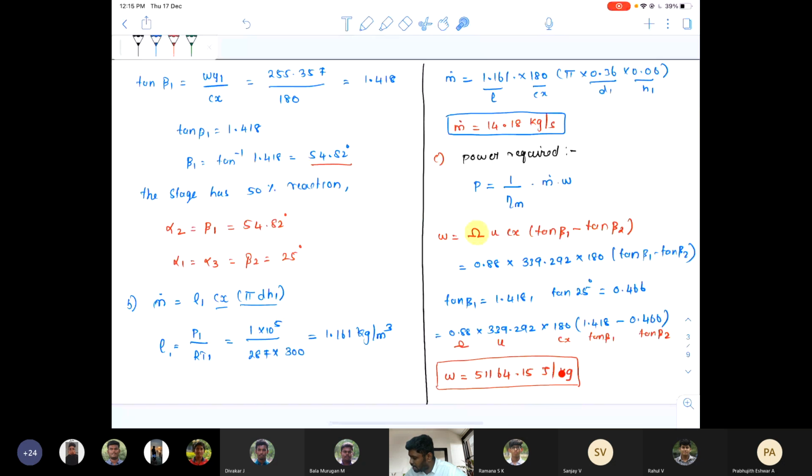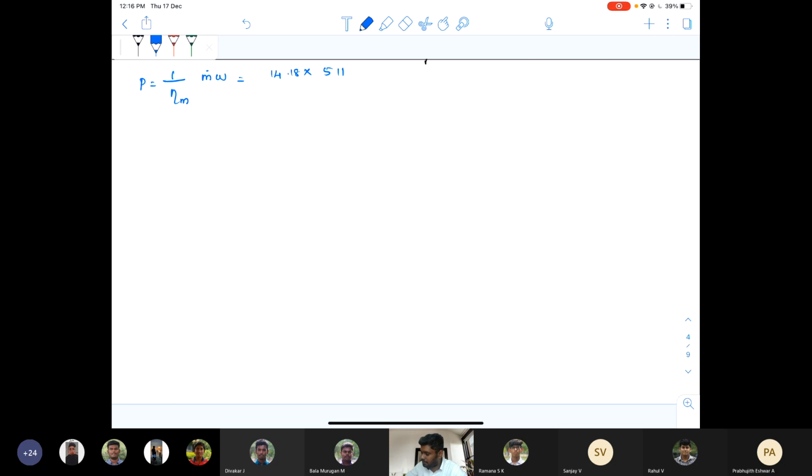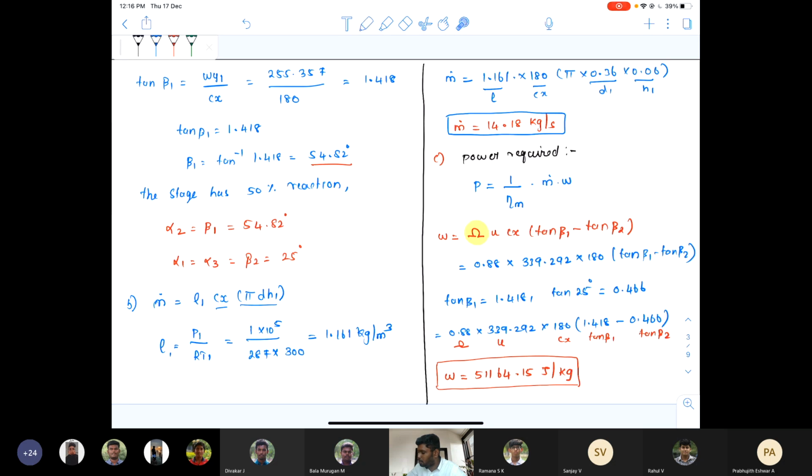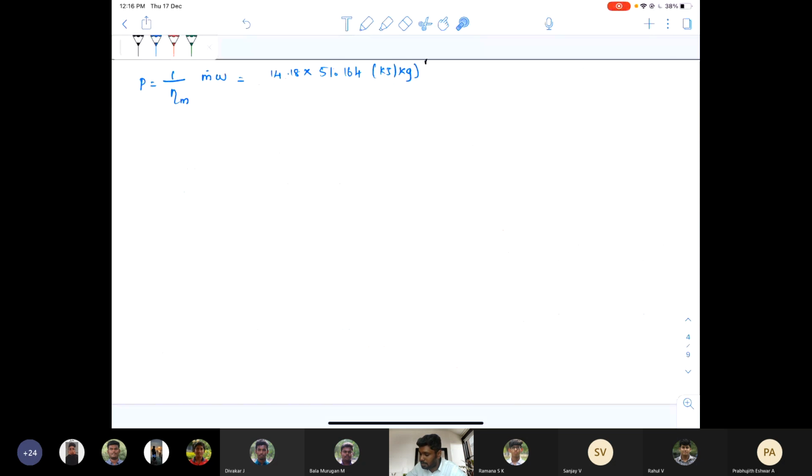If we convert this into kilojoules per kg, the value will come as 51.164 kilojoule per kg. The work we found in this equation is in joules per kg, and dividing by 1000 you get kilojoules per kg, and we have substituted in terms of kilojoule.